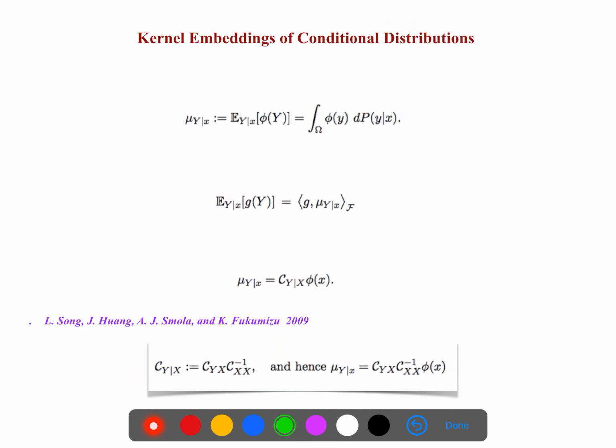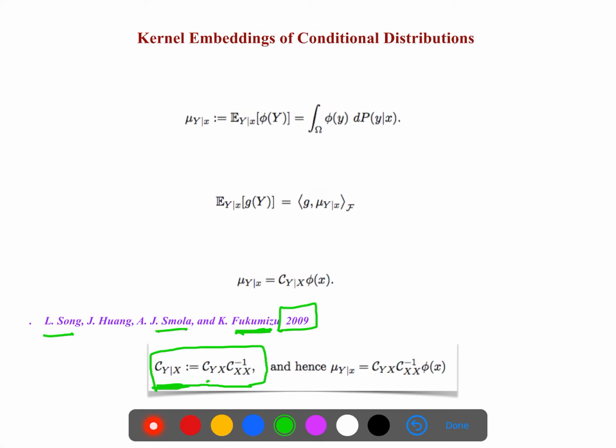And in 2009, a researcher from Japan found that you can represent it like this. And this is the covariance operator, and you can do conditional stuff such as conditional distributions as well.